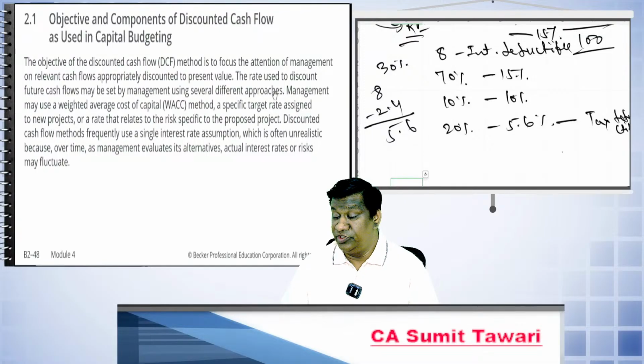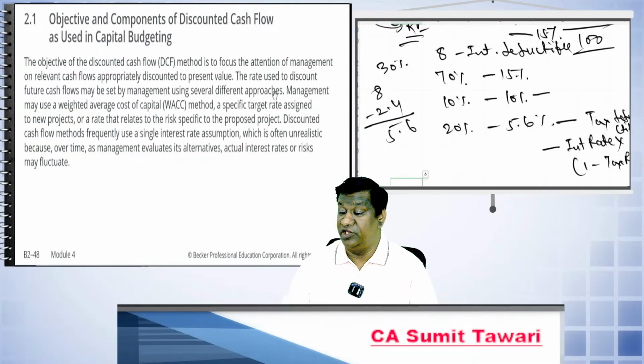So you need to consider the cost of debt always as interest rate multiplied by 1 minus tax rate. Preference shareholder, this is not tax deductible, so you need to consider it as it is.